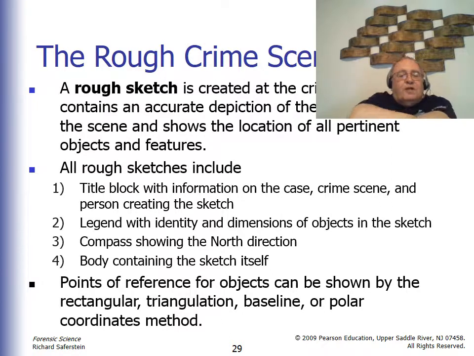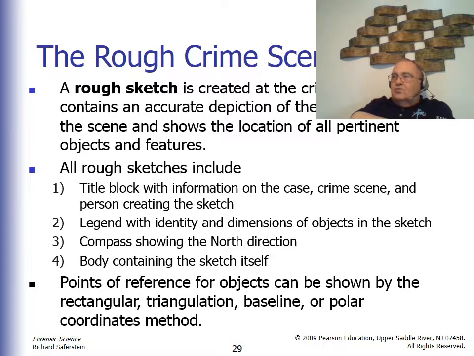Just like you have a photo identifier for the first image on your crime scene photographs, your rough sketch will have a title block with basically the same information: the case number, the location of the scene, the name of the person creating the sketch.